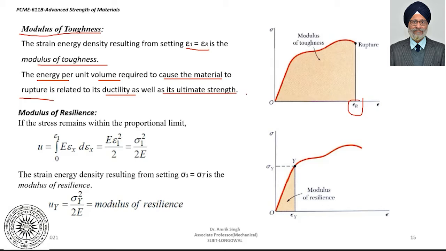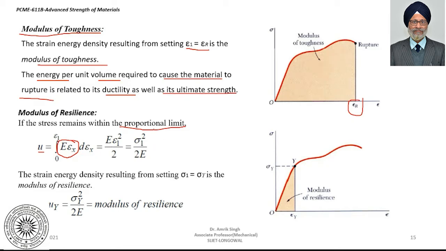Next is the modulus of resilience. So you see, modulus of resilience is there only in the elastic region. So if the stress remains within the proportional limit, u is equal to the integral from 0 to epsilon 1 of E epsilon x d epsilon. Here you have put the value of sigma x into d epsilon, so the stress into strain.